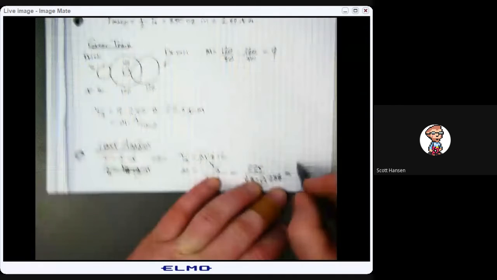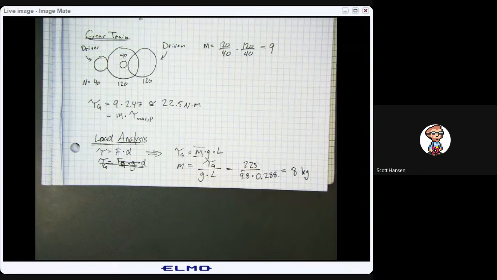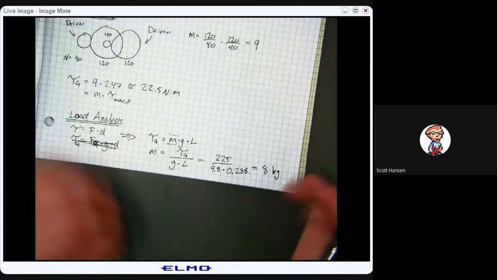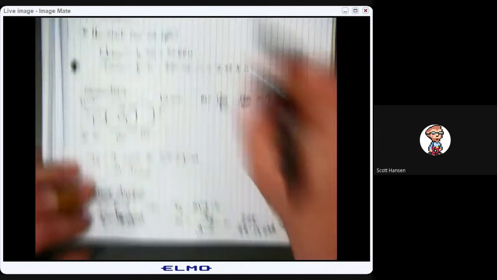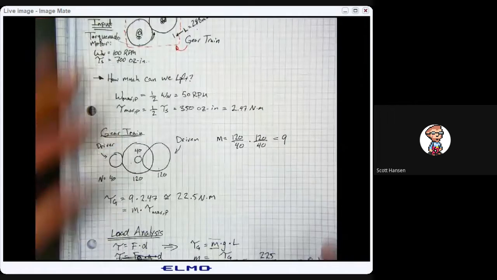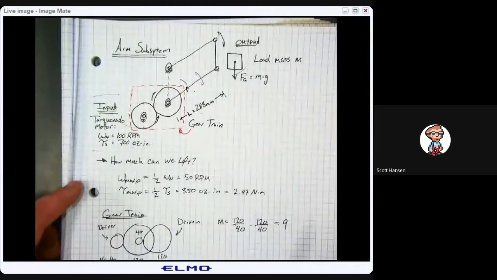So this tells me I can lift up about 8 kilograms of mass. So about 4 pounds, which is good, because that should allow me to lift any of the objects in the robotics competition. And so right there is a basic physics analysis using some of the math we've talked about.